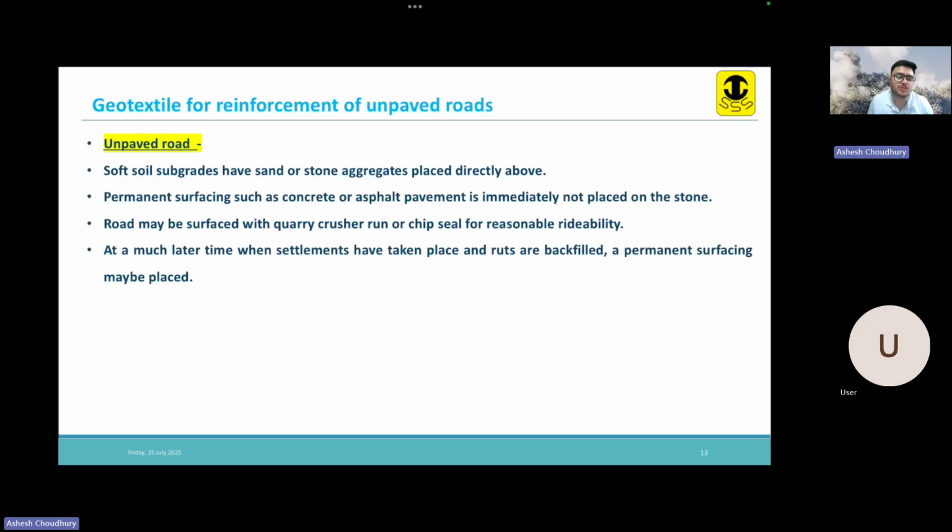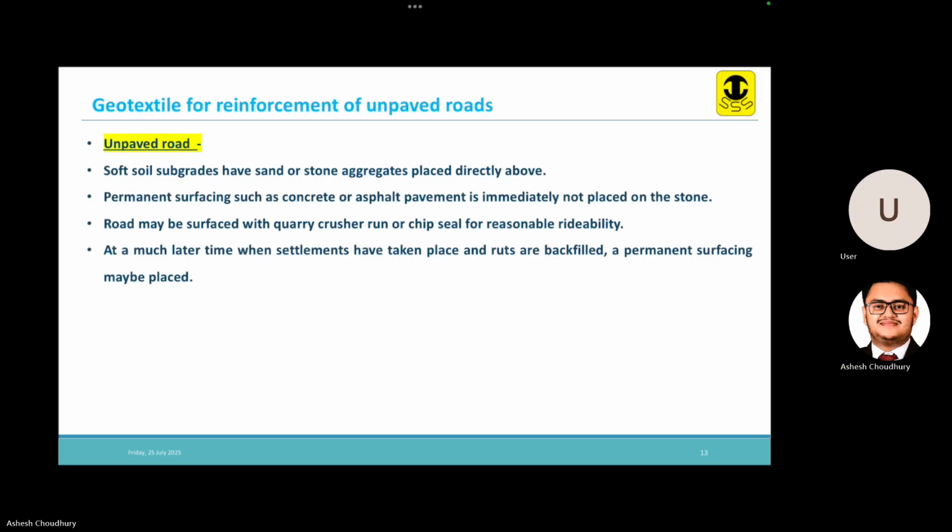Geotextile for reinforcement of unpaved roads. Okay, let me just check the syllabus once. The course given to you.